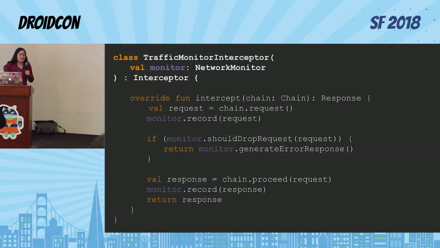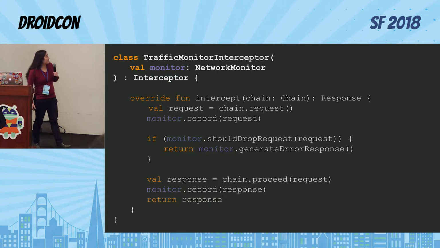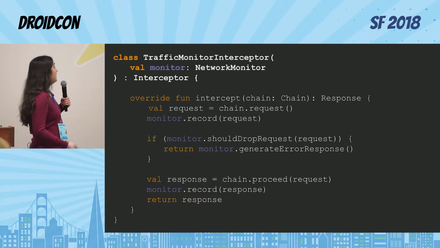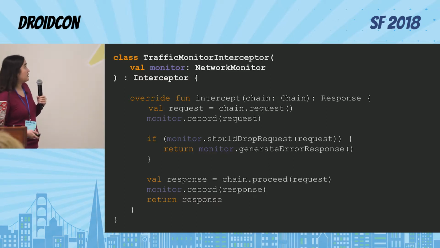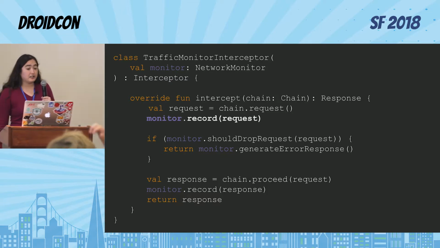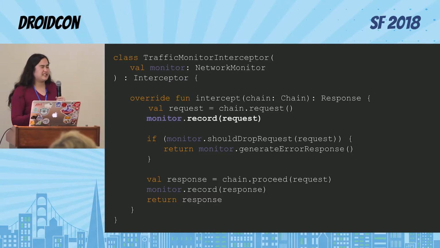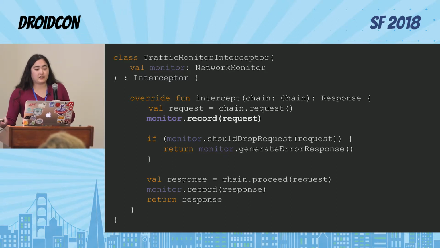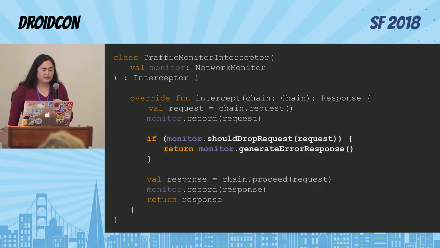So I'll show a bit of code. This is somewhat simplified, so it could all fit on one slide. But the general idea is, we have an interceptor and a network monitor that maintains state about what we're doing. We tell the network monitor about the requests, and based on a signal in the request that I'll explain later, it updates what traffic it's blocking and what it isn't.